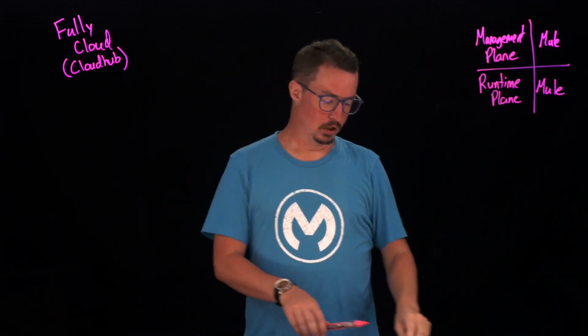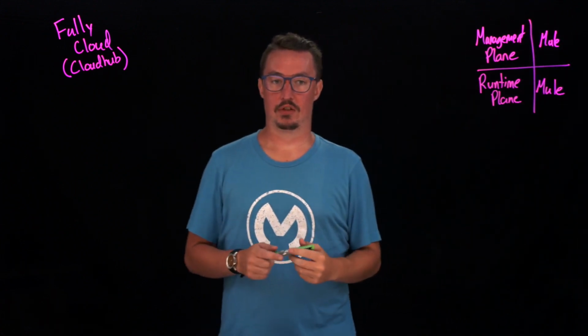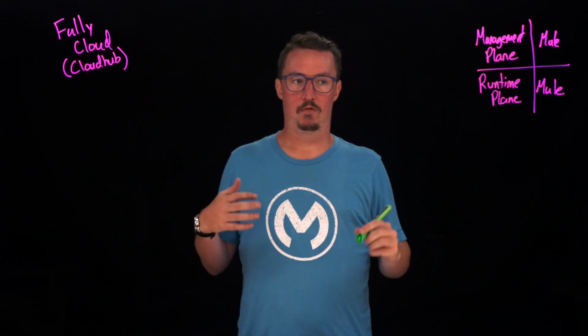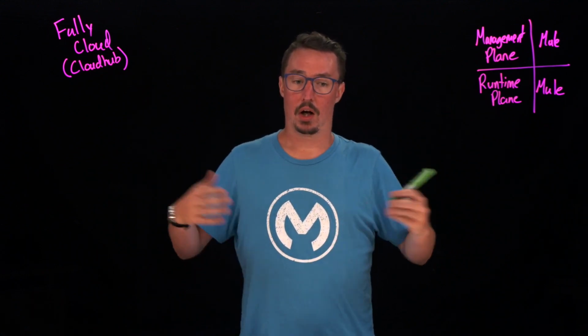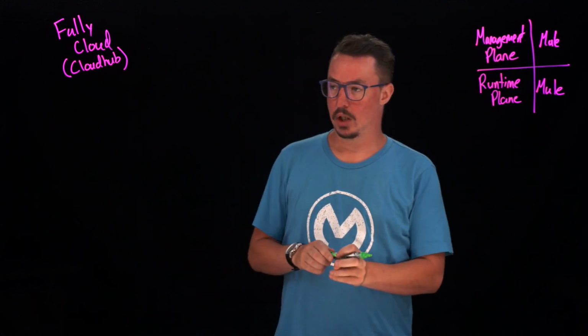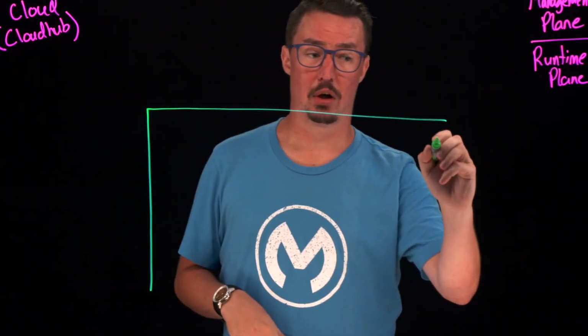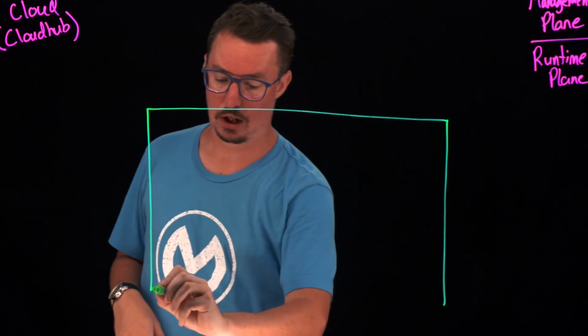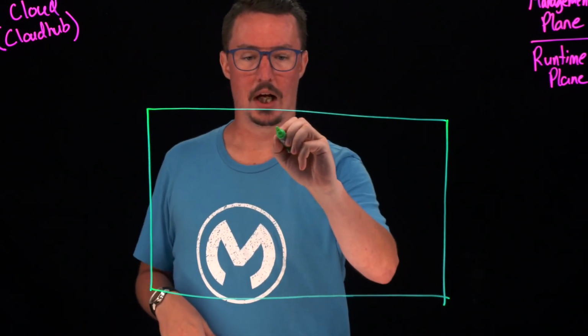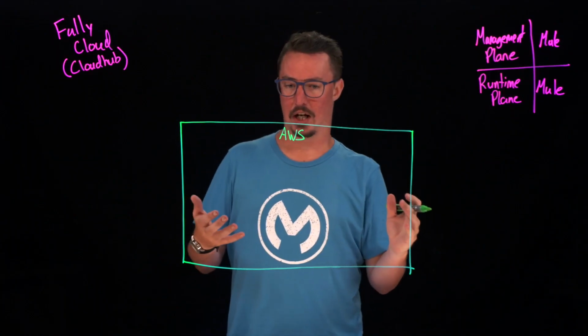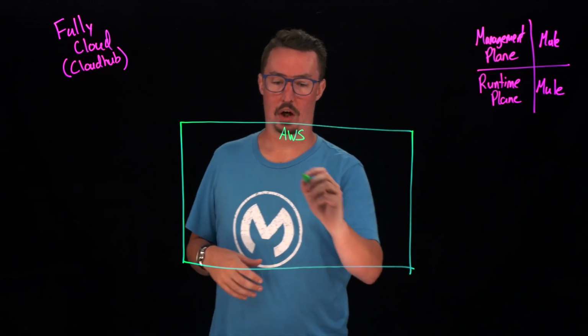So, in order to best understand how these are going to work, I want to first talk about a little bit of our underlying architecture. To begin with, MuleSoft actually hosts all of its cloud services on Amazon's AWS. Inside AWS is where MuleSoft actually has CloudHub.